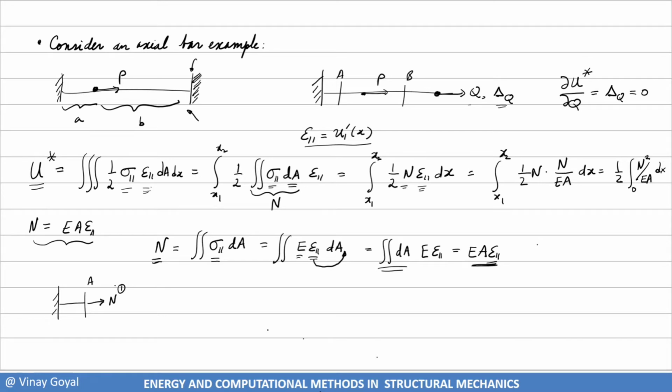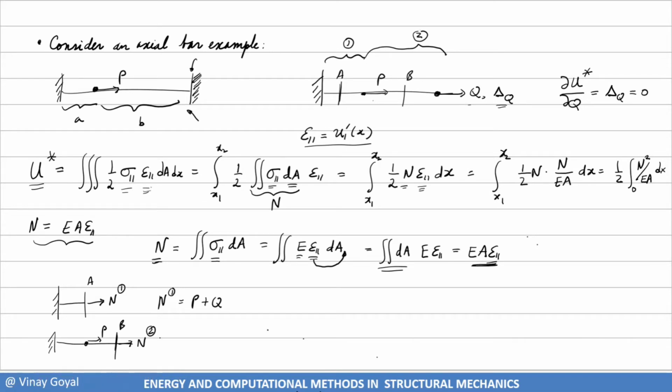Clearly in section 1, when I do a cut here, I must have that load is equilibrated by P and Q. So clearly N1 is P plus Q. And if I do a cut here, section B, then now I get an N2 for that section, so I'll call this section 1, this section 2, and I'm doing the cut there.